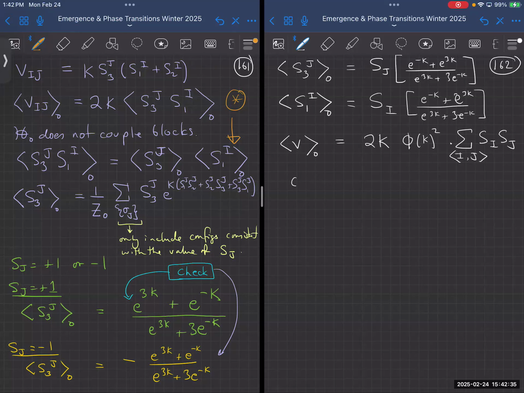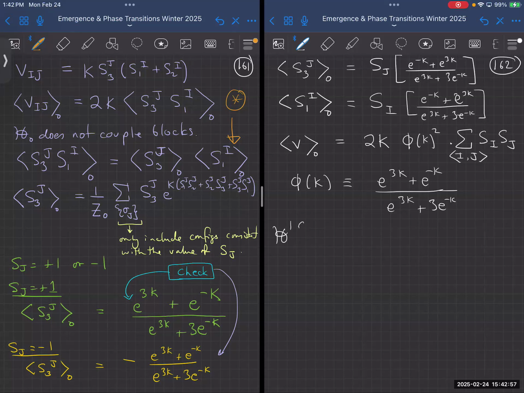And this function phi of k is e to the 3k plus e to the minus k over e to the 3k plus 3 e to the minus k.